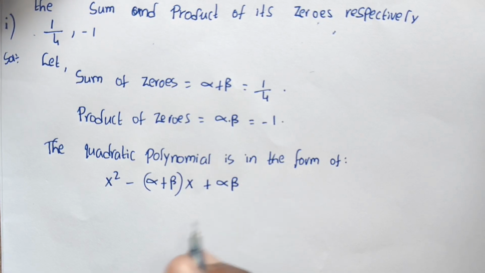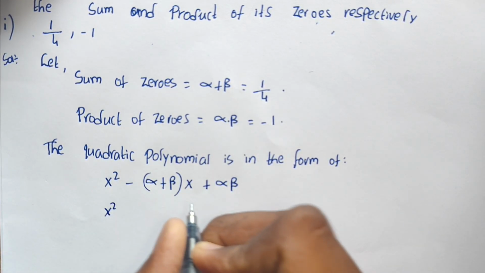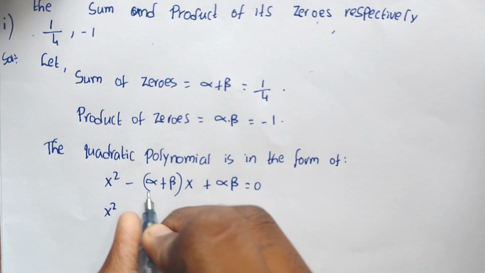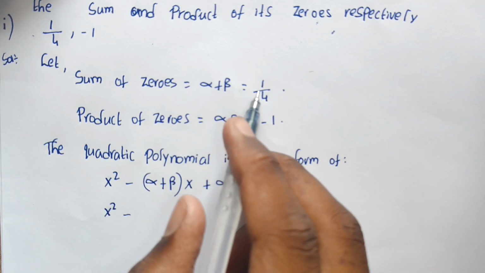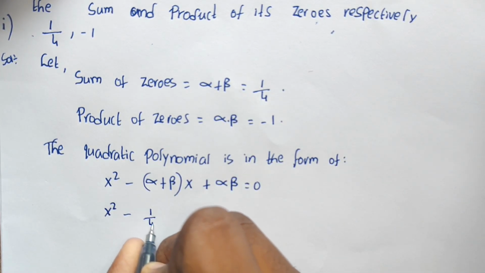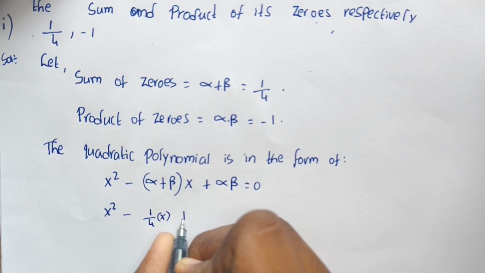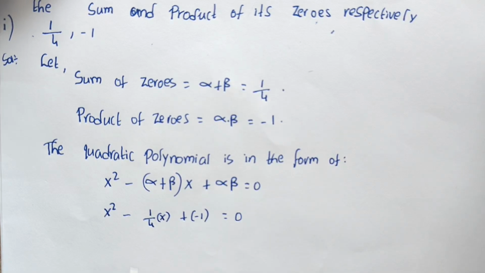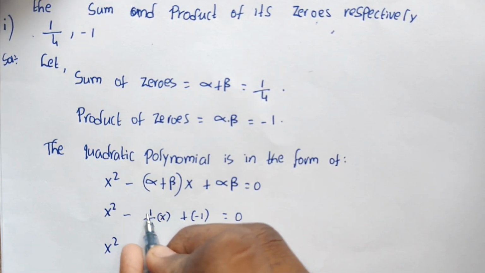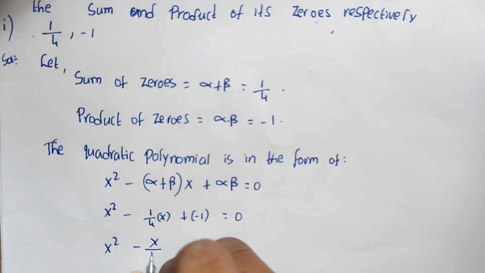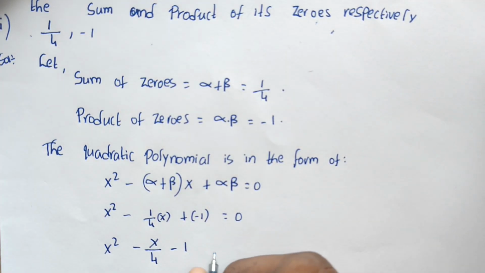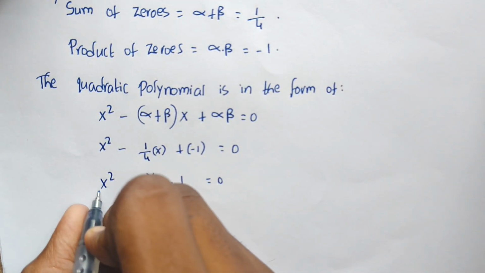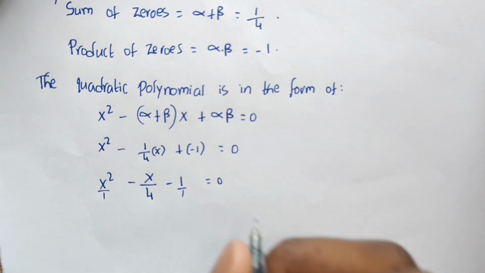So here, x square, I am writing this whole value equal to 0, minus what is alpha plus beta? 1 by 4. So 1 by 4 into x, plus alpha beta, which is minus 1, equals 0. So x square minus x into 1 by 4, plus minus 1, equals 0. There is also 1 for x square and minus 1.